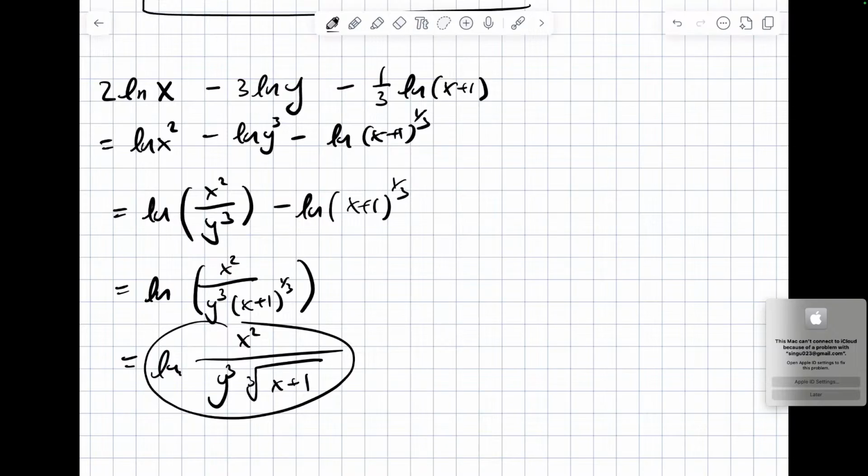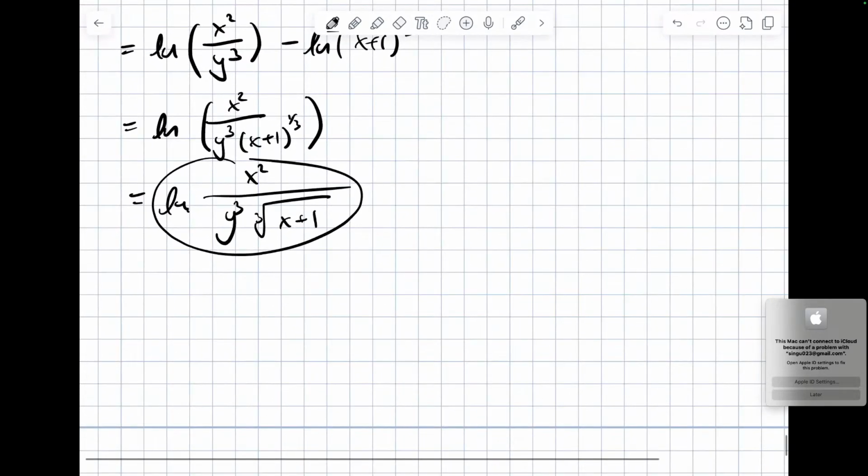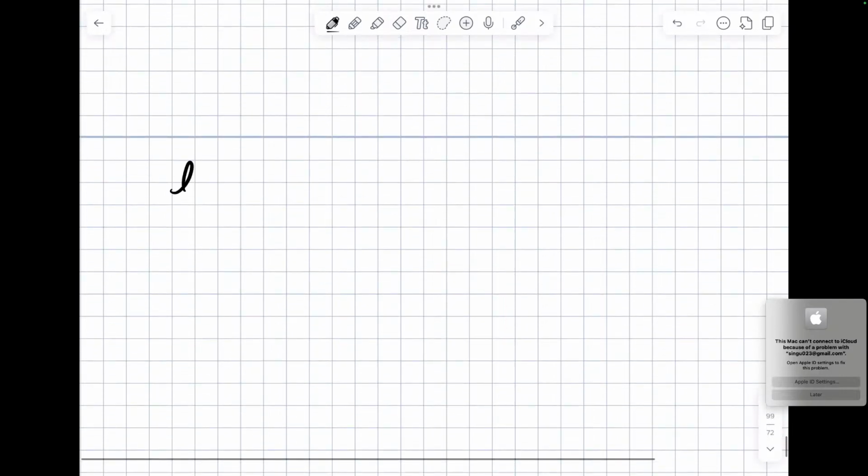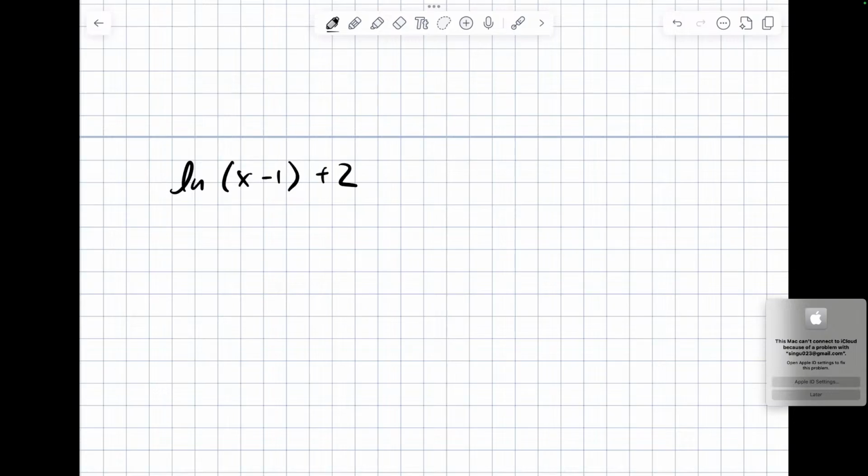All right, so now I'm going to teach you how to solve equations. Oh, sorry, let me review how to graph a natural log. Do you guys remember how to graph this? All right, so start with the point 1, 0.